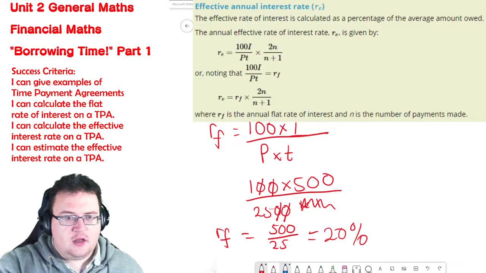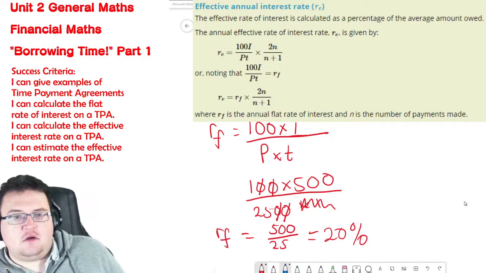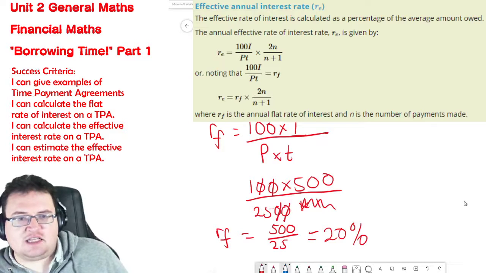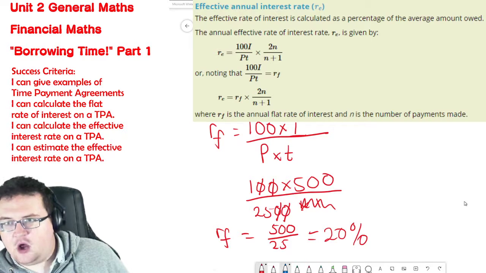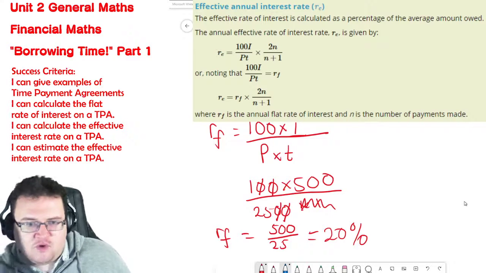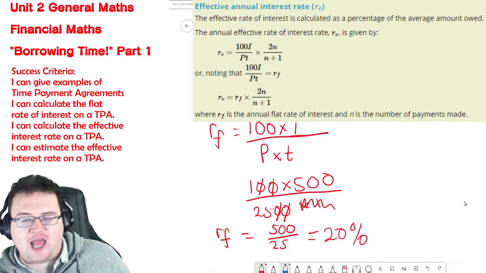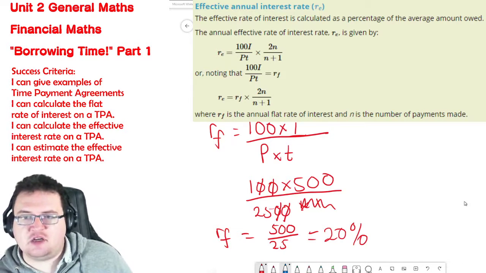Let's put that one up top. The effective interest rate is calculated as a percent of the average amount owed. So I can reframe my thinking by thinking about how much of my actual payments is going towards interest and how much of it is going towards me paying off my original loan.